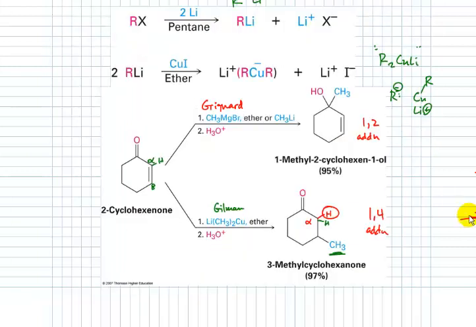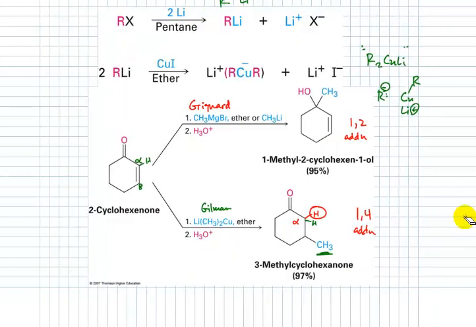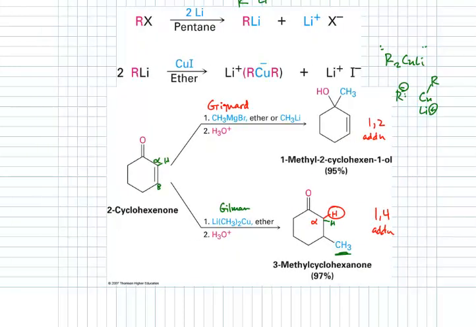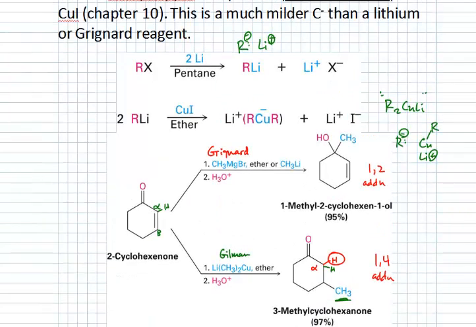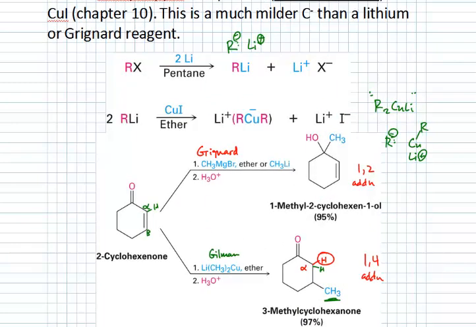And our workbook, our Pogel book, had a great explanation for why that was. Make sure you read through that if you didn't get to it in class. Essentially what happened is if we have a Grignard reagent, RMgBr, those are very high in energy. So there's a little step up and then a big track down for the product.